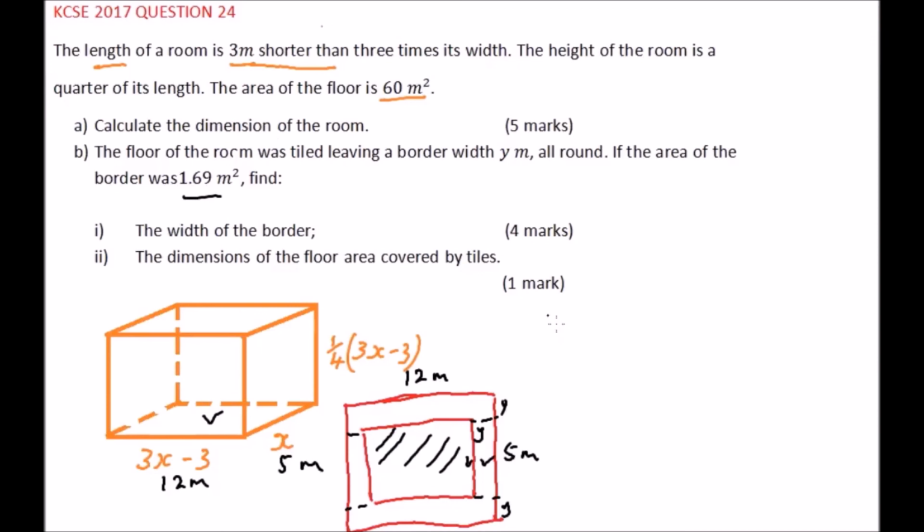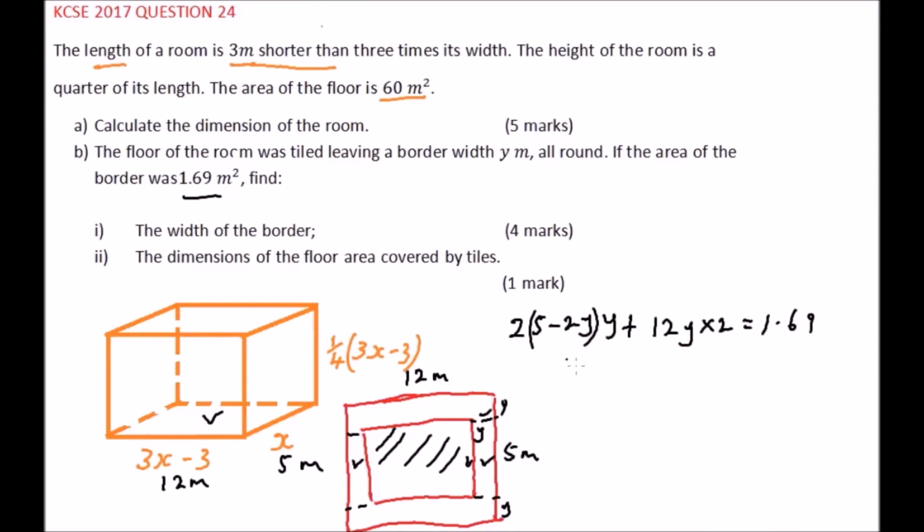So the area is 5 minus 2y multiplied by y, that is the width here, and we multiply by 2 because of this side. We add this area, this is 12, and the width of the border is y. So this is 12y, multiplied by 2, and that should give us 1.69.